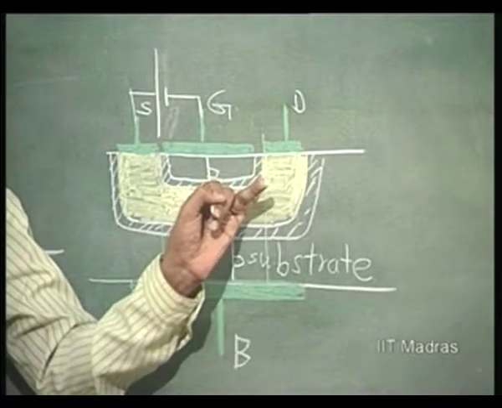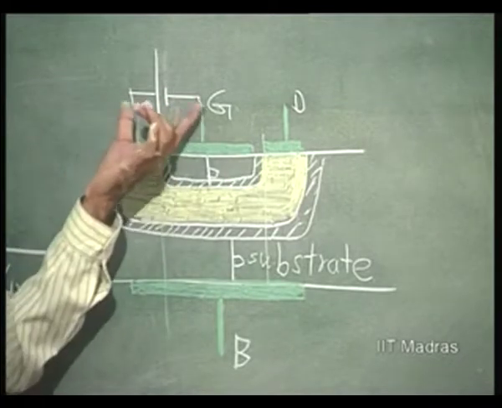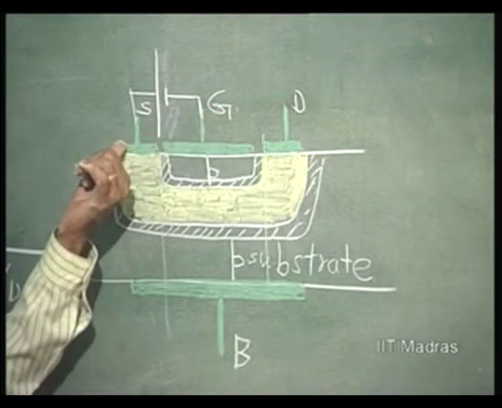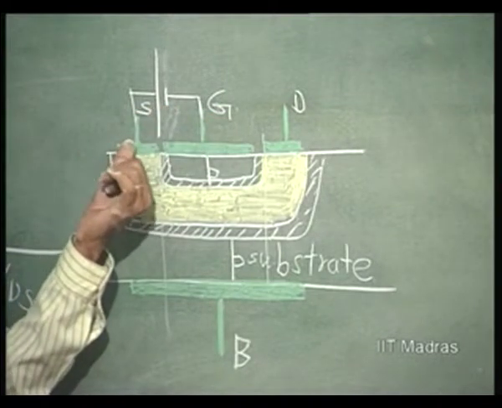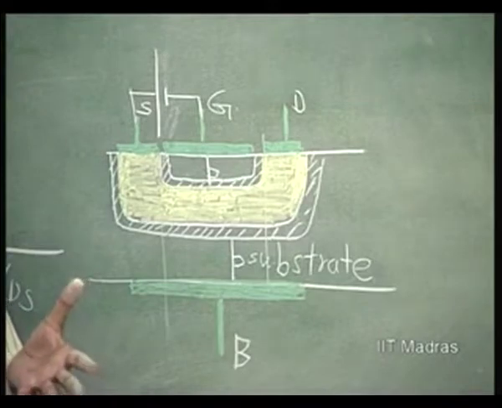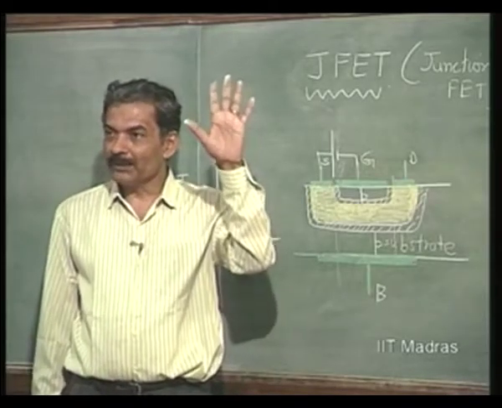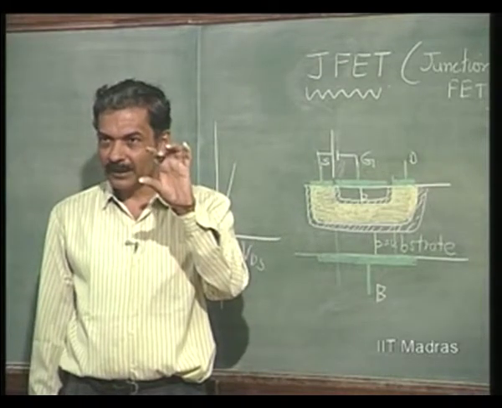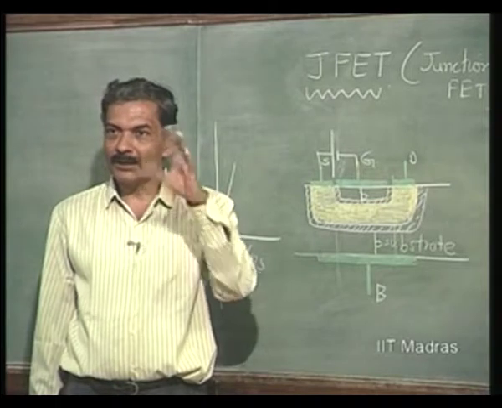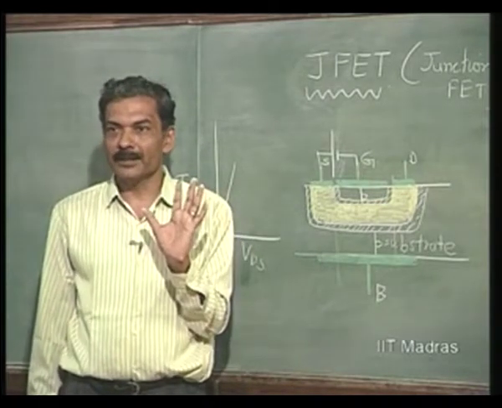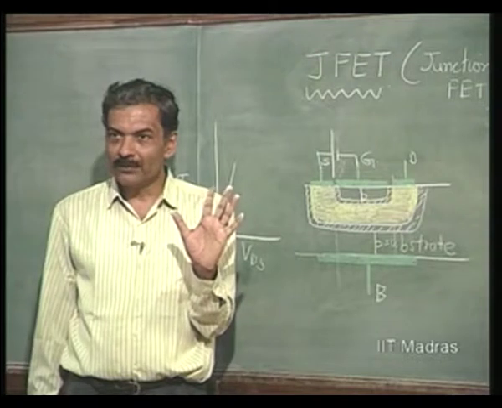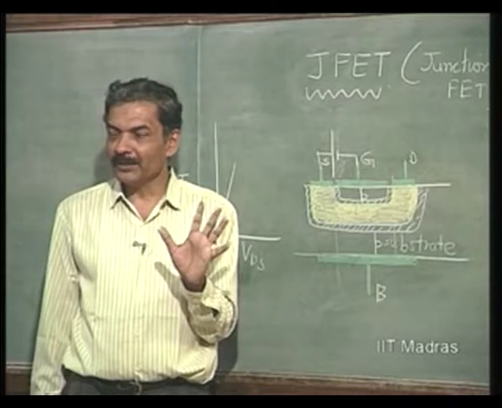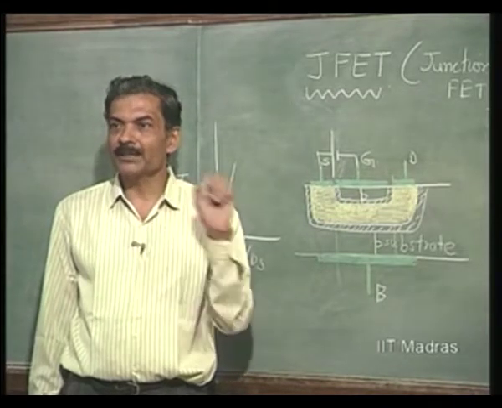So, in this particular case, the gate must always be reverse biased with respect to the source, so that the gate current is not drawn. In the MOSFET there was no problem. Gate was insulated from the channel by a silicon oxide layer. We could bias it positively or negatively, strictly speaking. No current was going to flow. Only thing is, in order to cause MOSFET action, we had to bias it with positive voltage in the case of N channel.